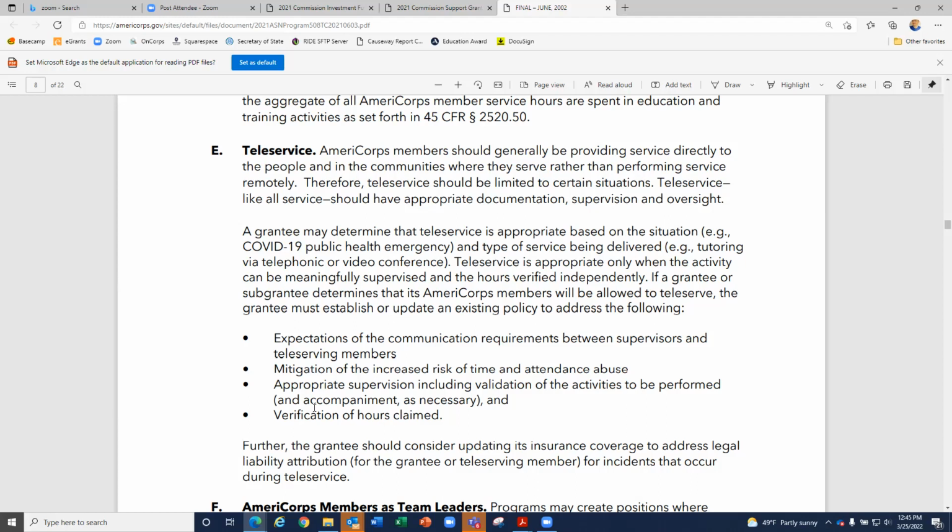There are some rules around teleservice, and we ask our grantees, if that's going to be part of the program model, to work with us to develop a written teleservice policy that outlines how the AmeriCorps member is supervised or accountable while they're doing that teleservice.